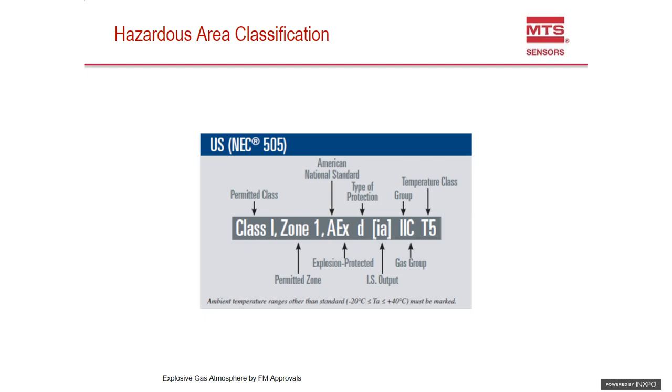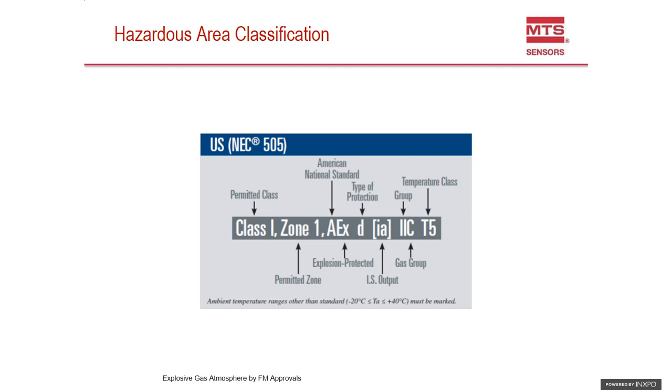The U.S. approval uses an AEX. This is how you're able to determine that it's a U.S. approval. Then next to that is going to be the protection methods. Now here we don't write out the protection methods. We have different letters that signify the protection method. So the little d signifies the flame-proof approval, and then the little i and the little a signify the intrinsically safe approval.